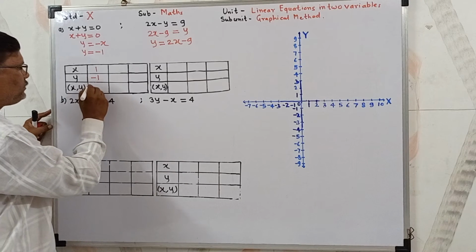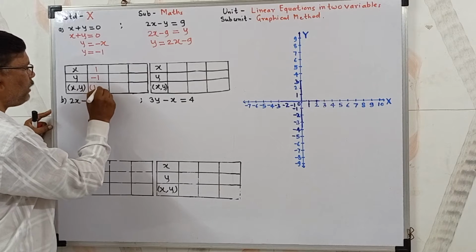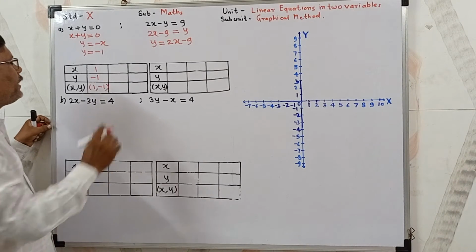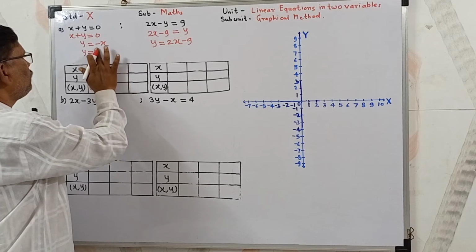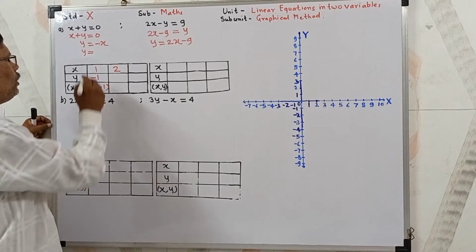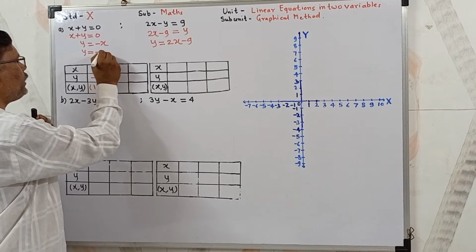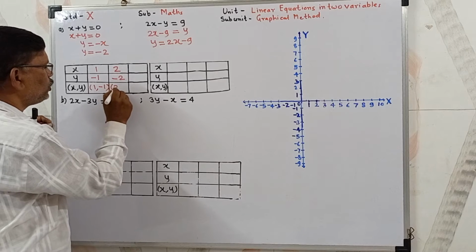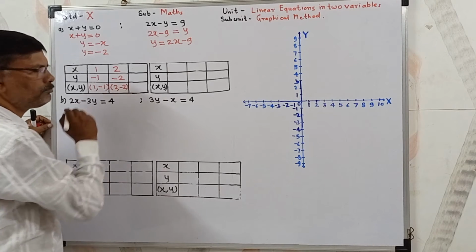So what is the point? That 1, minus 1 is the first point. Understood? Then take x equal to 2. Then y is equal to minus 2. The point is 2, minus 2.